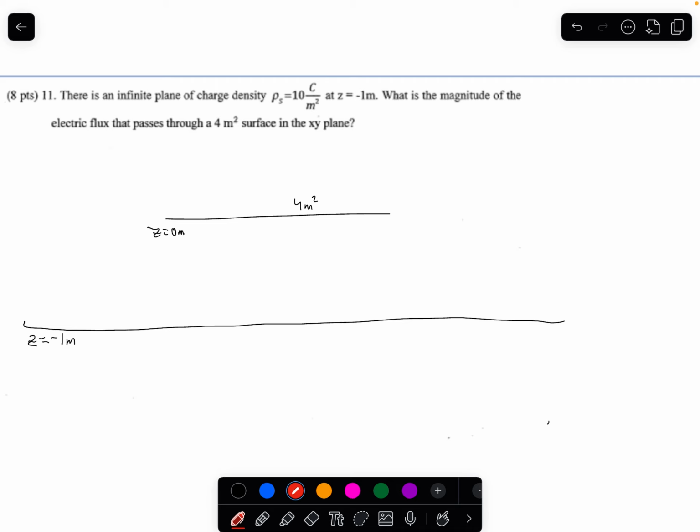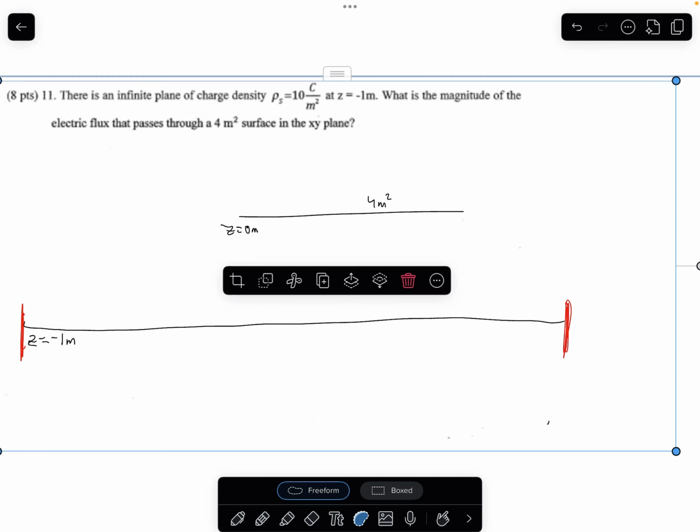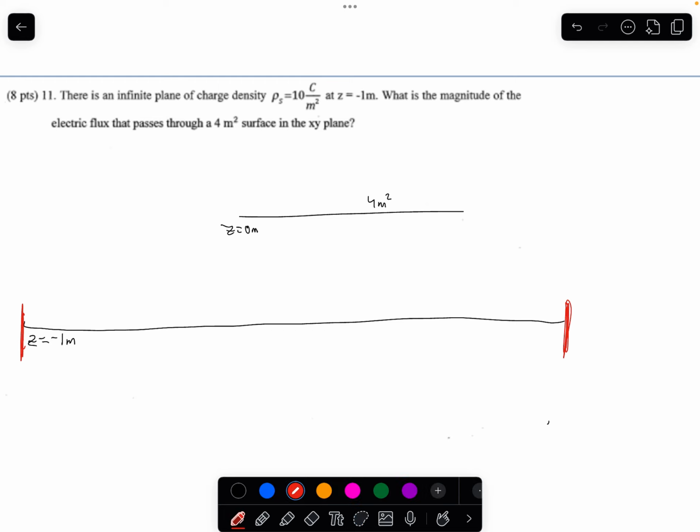For example, if the plane did end right here, these were the two endpoints, and maybe the 4 meter squared piece was a little bit offset, then it could be experiencing more electric flux coming from here that would not cancel out from the other side.